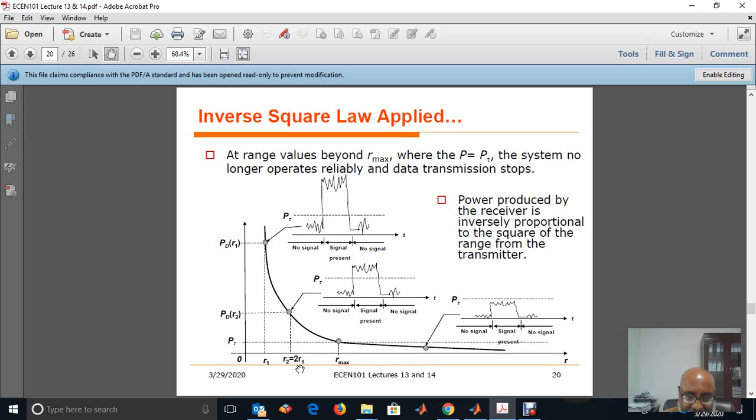At a distance R2, 2 times R1, it is also above the threshold power, so it can be detected. At this distance, the maximum distance, I have the threshold power P tau. At this distance, the received power is below the threshold, the required minimum power, so it cannot be detected by the receiver.